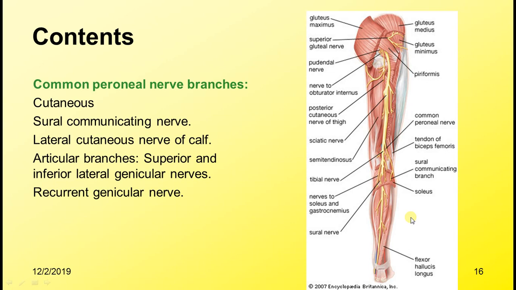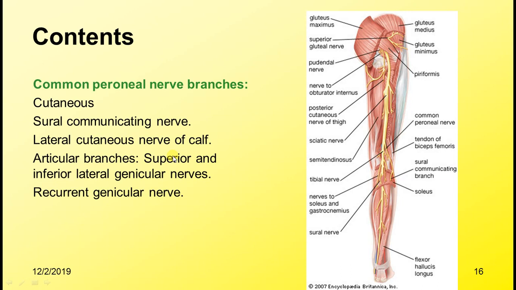Okay, so the recurrent genicular nerve arises where the nerve divides into superficial and deep peroneal nerve. So superolateral and inferolateral genicular nerves and recurrent genicular nerves come from the common peroneal nerve. Superomedial, inferomedial and middle genicular nerves are articular branches from the tibial nerve.